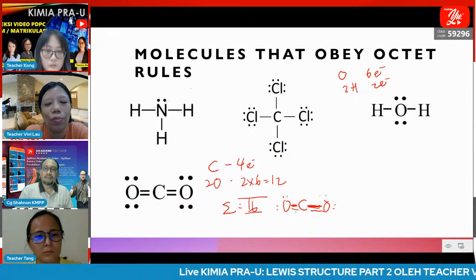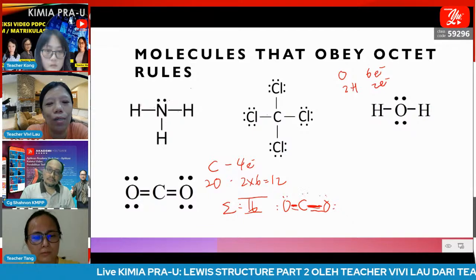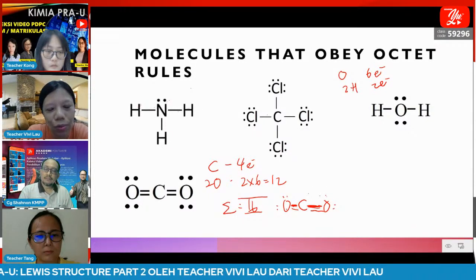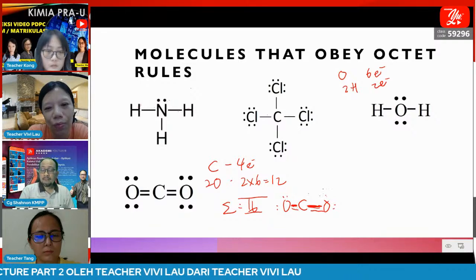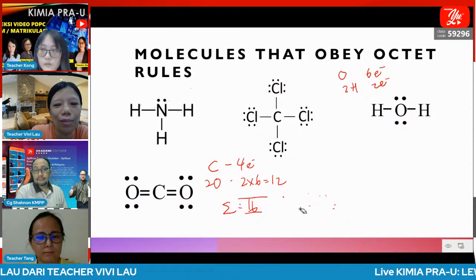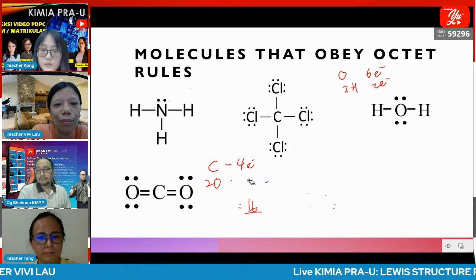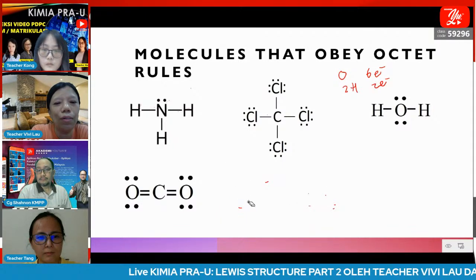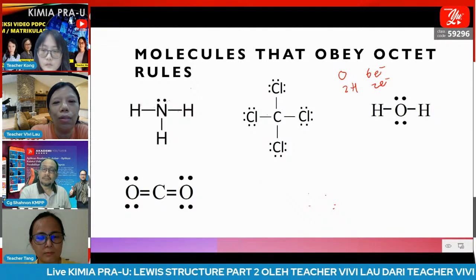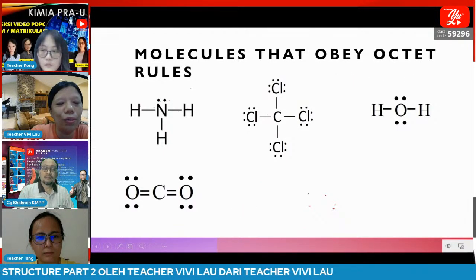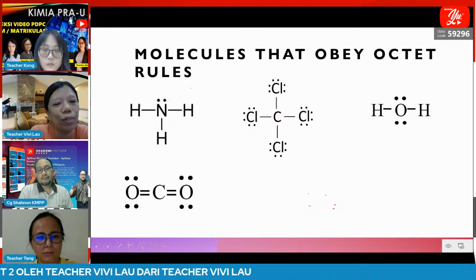Because the oxygen must have an octet also, you cannot bring them in as a lone pair, you must bring them in as a double bond. So the oxygen follows octet, and the carbon also follows octet. So this is how you draw carbon dioxide. If you are used to the calculation, you need no need to show the total electrons, you can go straight away.